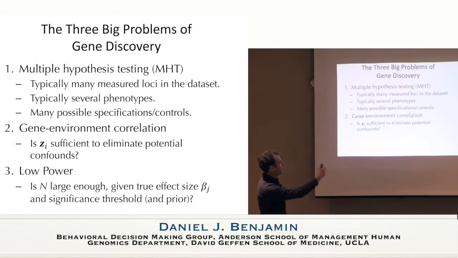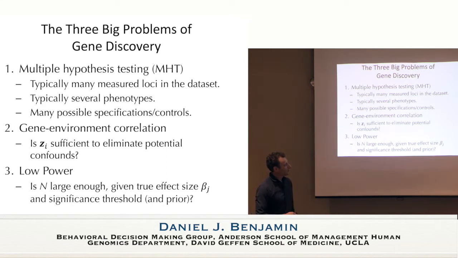That would be a kind of gene-environment correlation that would confound identifying a causal effect of the SNP. So the question is whether we have control variables that are sufficient to eliminate all of those kinds of potential confounds. And then third is low power.